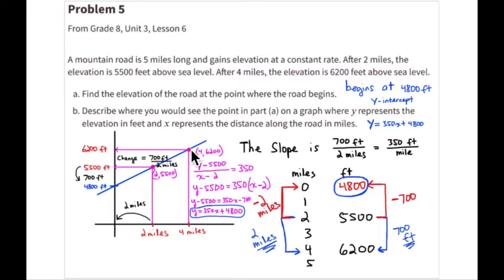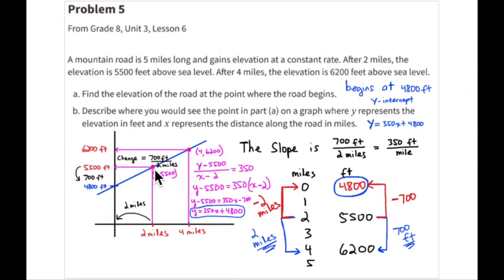You can look at it this way, y minus, and this point right here is 5,500. So y minus that 5,500 feet, and where x starts is at 2 miles, and it ends at x. So it goes out here, and remember this is x, and this is x as well. It's going the same distance from the y-axis, whether it's this point here or this point here.